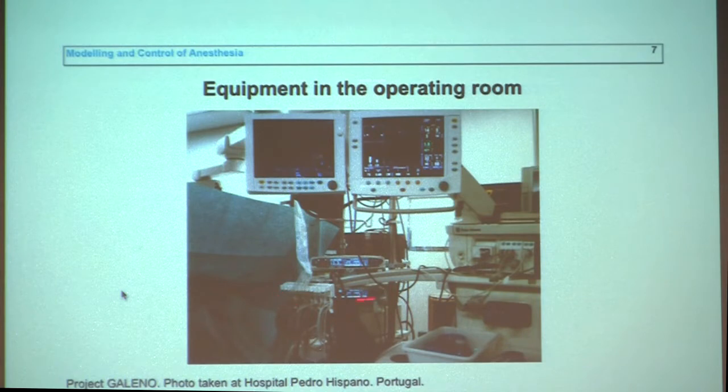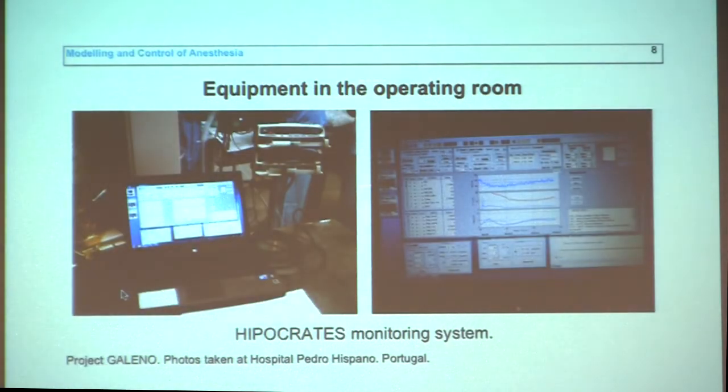You can see here two syringes. One is for the drug that causes neuromuscular blockade, and the other is for the drug that causes loss of consciousness. Of course, there is a third one concerned with analgesia, which is not shown here.